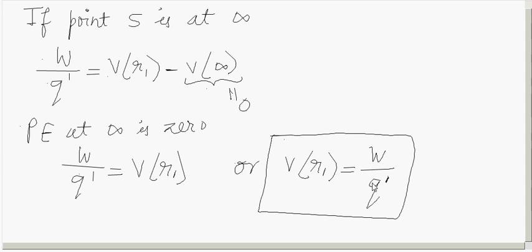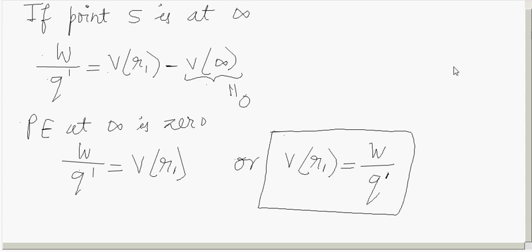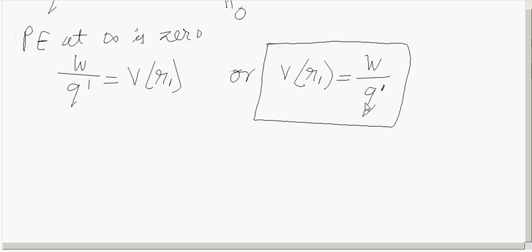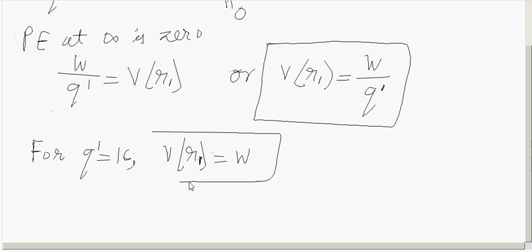That is the electric potential at any point. For a unit positive charge, for Q dash equal to 1, V of R1 is equal to W. So the electric potential is equal to the work done.